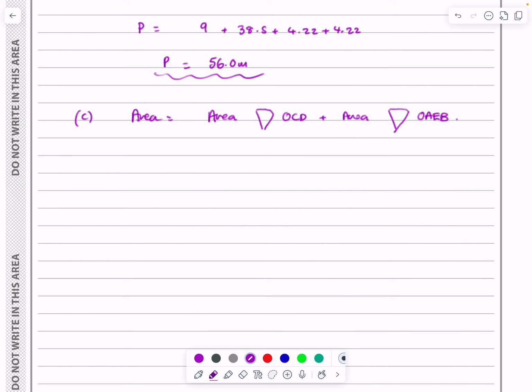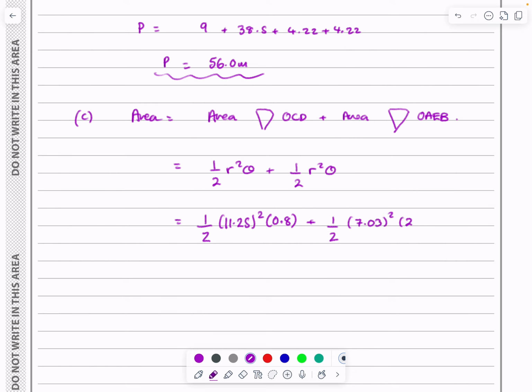Even if I didn't put that in, when I do half r squared theta plus half r squared theta, as long as I make it clear what values I'm using, just in case I've made any mistakes previously, this is half 11.25 squared times 0.8. It also does give me the opportunity to just check again there. I have got the right r with the right theta, not making any mistakes here. And then half the 7.03 squared for that one.